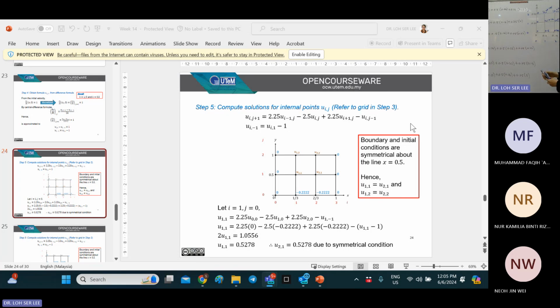We can also use a sentence like this: boundary and initial condition are symmetrical about the line x equals to 0.5.